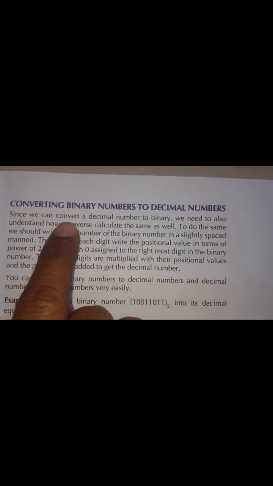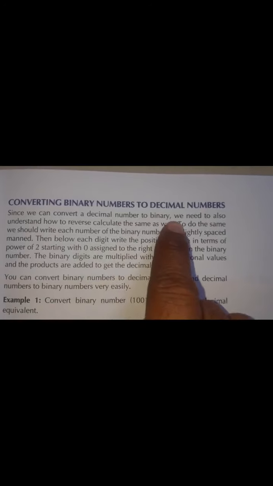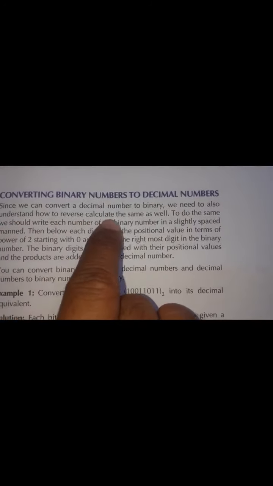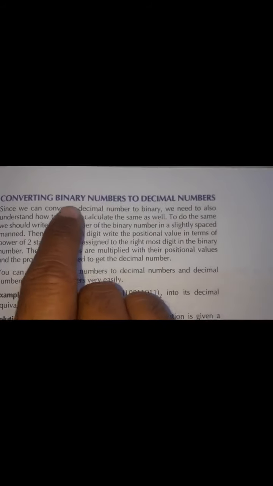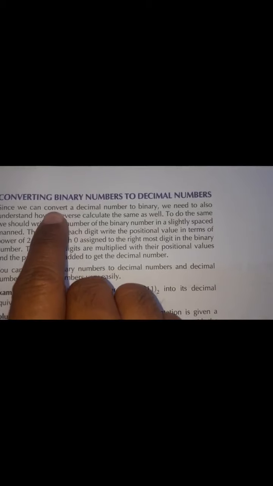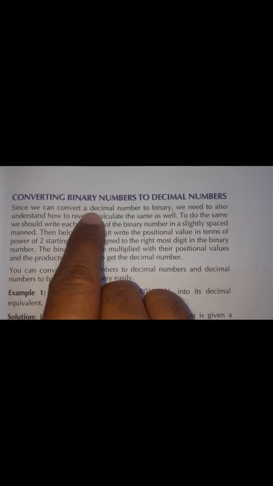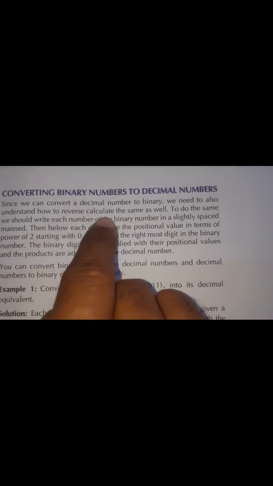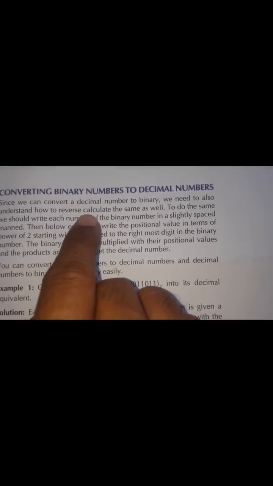Since we can convert a decimal number to binary, we need to also understand how to reverse calculate the same. Means in the previous section we learned conversion of decimal to binary, and now in this session we have to reverse the same calculation.